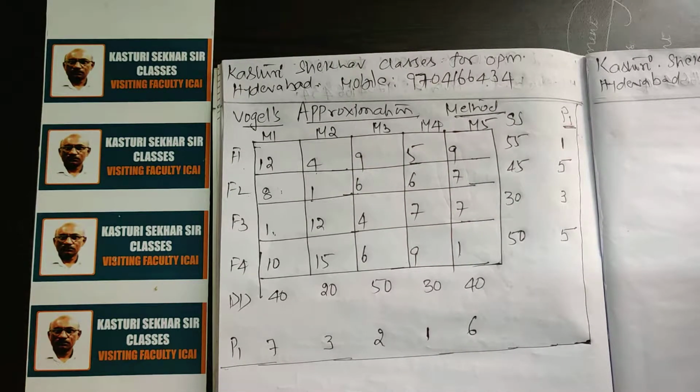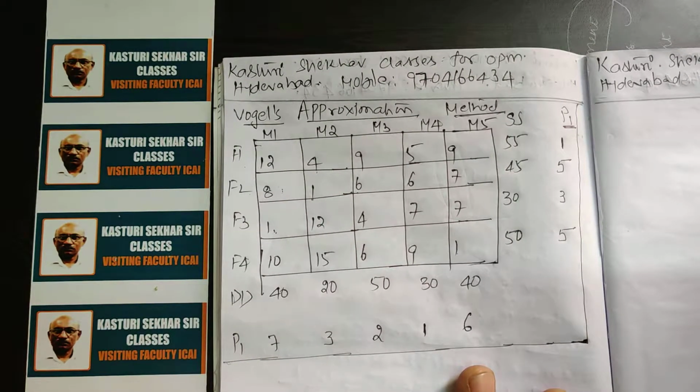Now what will I do after this? I will identify the highest penalty. Identifying the highest penalty is the next point to remember. This highest penalty may be row wise or column wise. Sometimes highest penalty is available row wise as well as column wise.